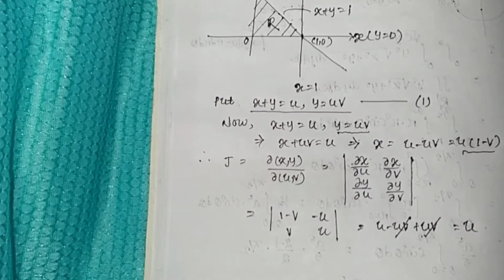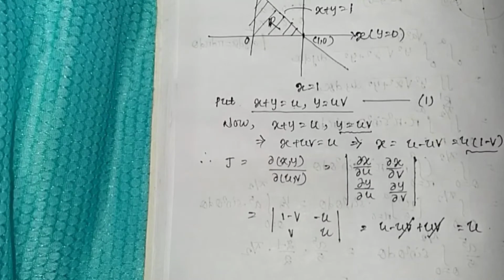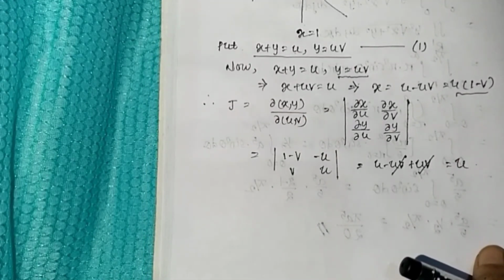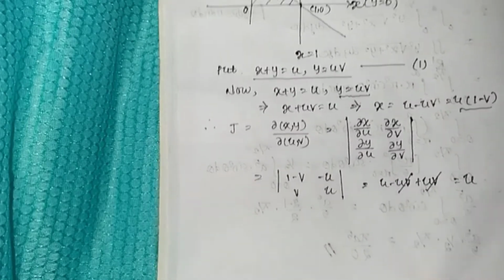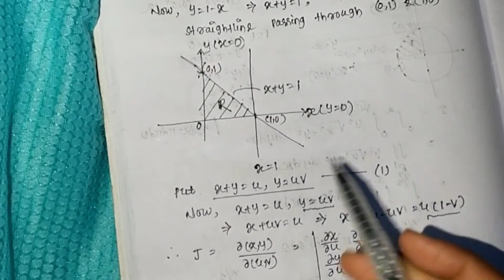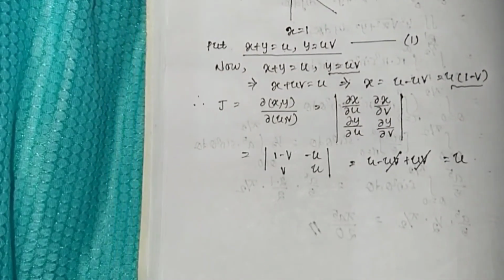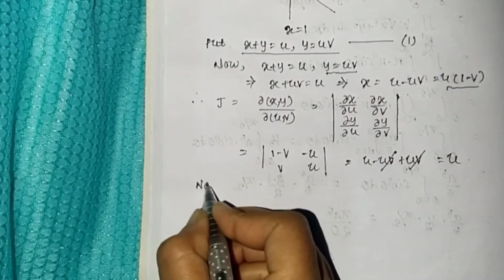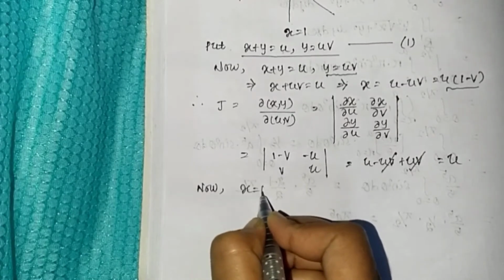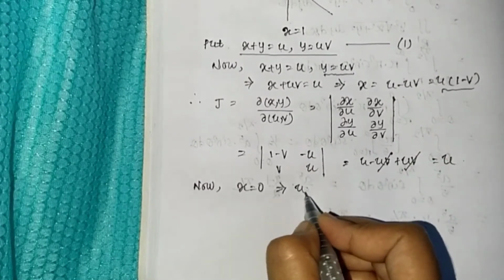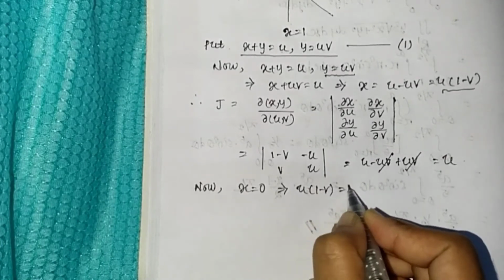Then we find the region in the uv form for the diagram and for the limit of uv. Here it is given that x equal to 0 and y equal to 0. Now for x equal to 0, that implies u into 1 minus v equal to 0.